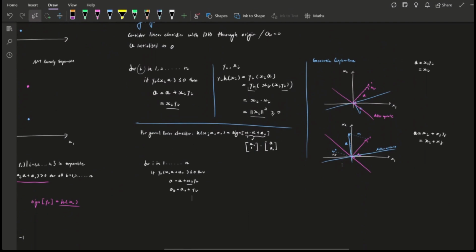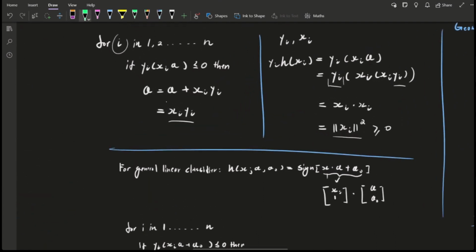Yep. For the part about the decision boundary that passes through the origin, when you update theta equals theta plus xi times yi, then suddenly it becomes just xi? Are you asking why this expression becomes this, right?